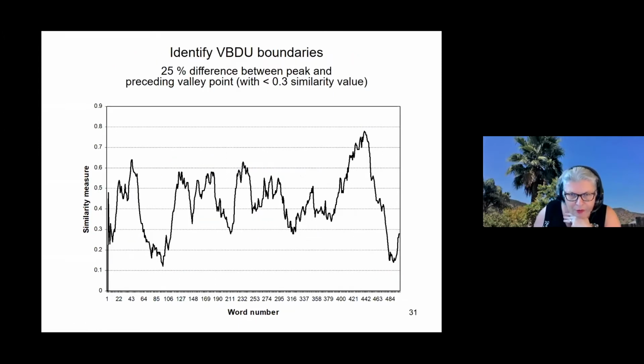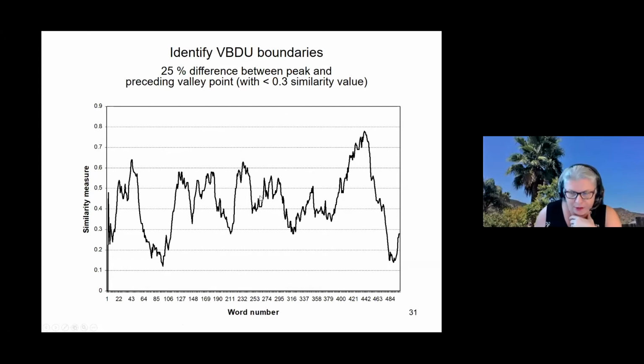I worked on this myself for my PhD, to determine what these values would be. For this particular register, it seemed that a 25% difference between a peak similarity value and a valley value would reasonably make a change.